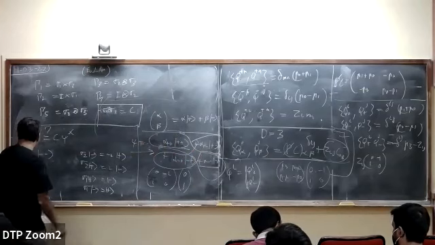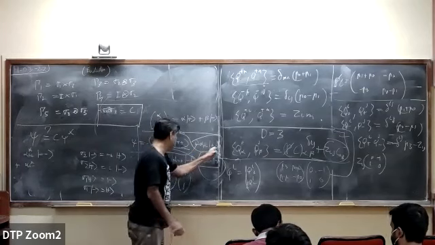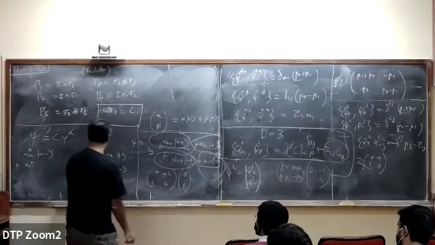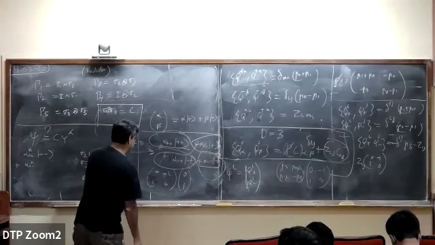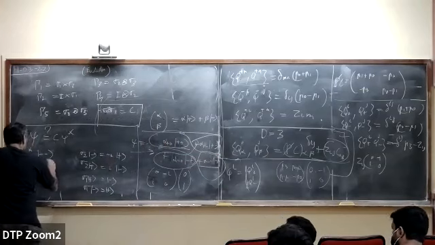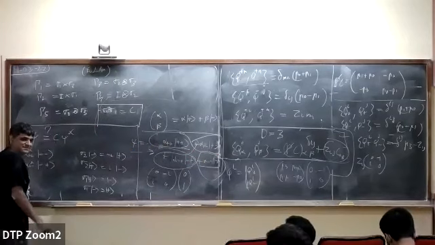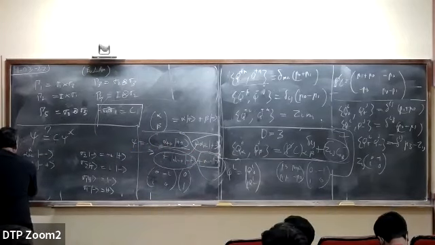Let's act on alpha plus minus star. We will get, on plus, I'm getting minus plus with no sign. No sign. Please check.